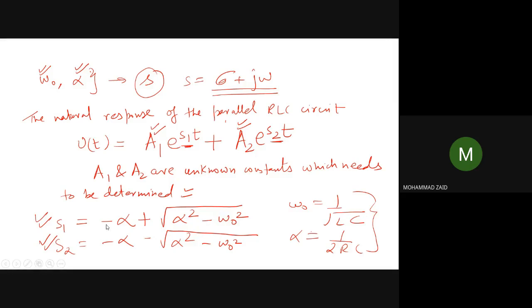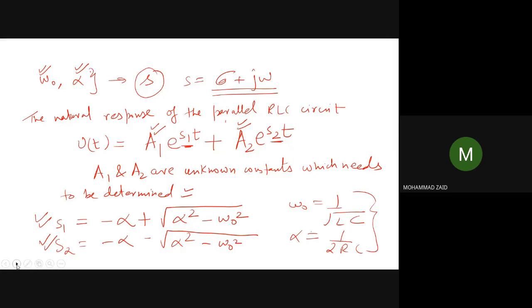So S1 will become minus alpha plus j times something, and similarly S2 will become minus alpha minus j times something. If alpha is greater than omega naught, then it will be a constant number that is added to or subtracted from minus alpha, so it will be a real number. So it either can be real or complex.